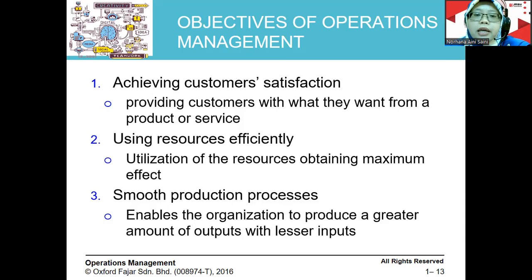Next is a smooth production process. A smooth production process enables the organization to produce a greater amount of output with lesser input. If we have a very small input but we are very good at it, we can produce a greater, high quality output with the lesser input.